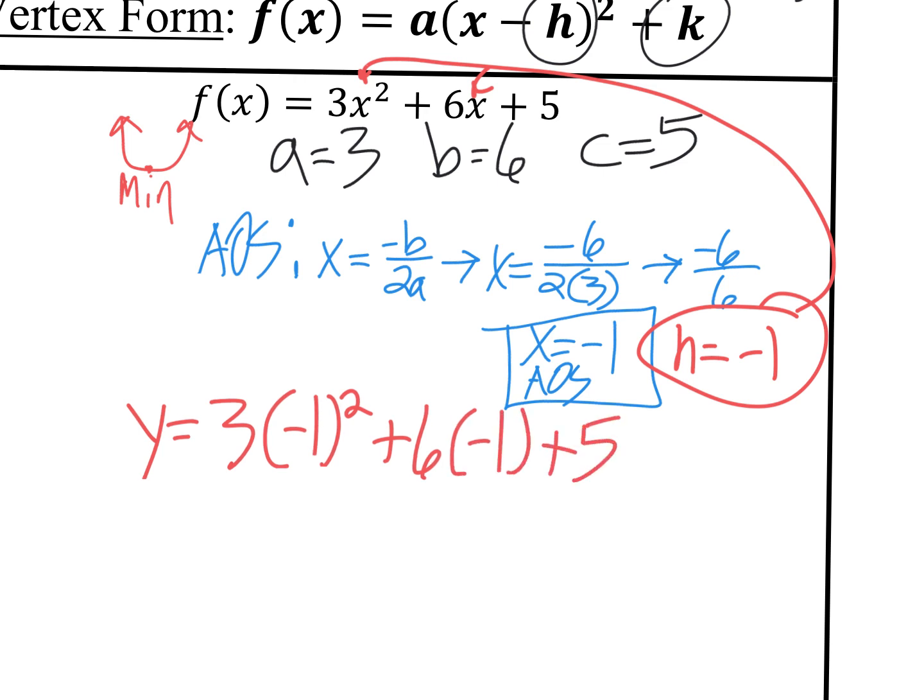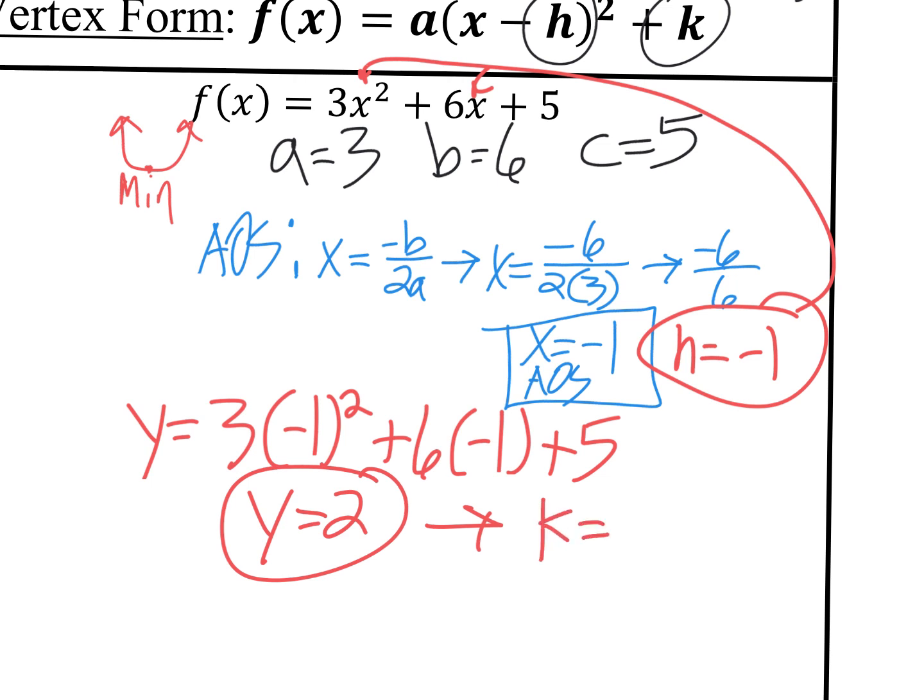5. So 3 times negative 1 squared, this is going to make positive 1 times 3 is 3. This is going to make negative 6, so 3 minus 6 is negative 3. Negative 3 plus 5 is 2. So y equals 2. That's also telling us our k value of our vertex.